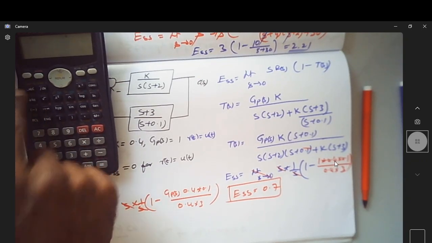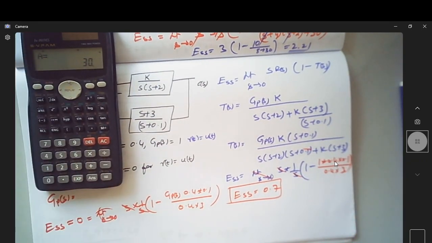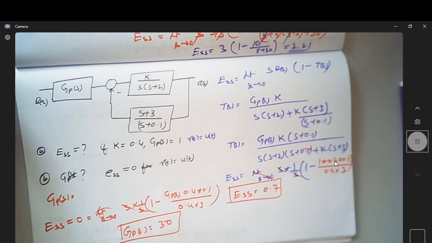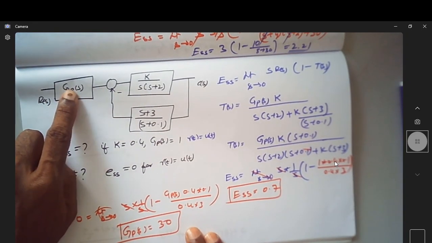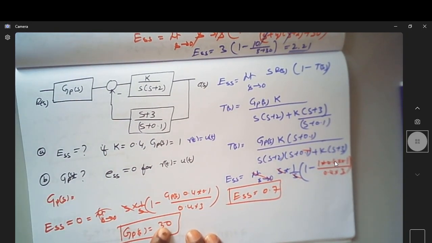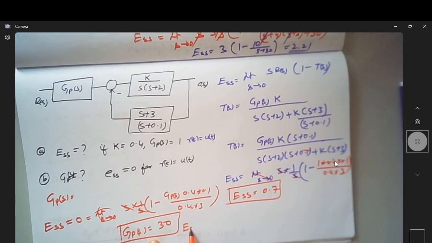Now GP(s) happens to be 30. If you have GP(s) equal to 30, the ESS will be equal to 0.